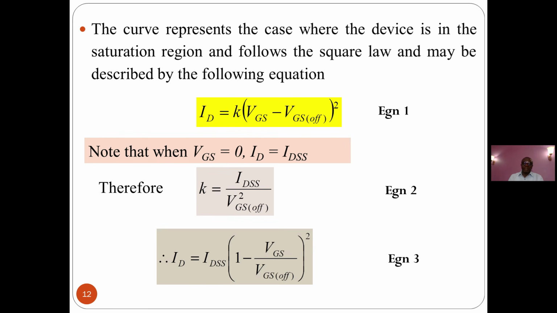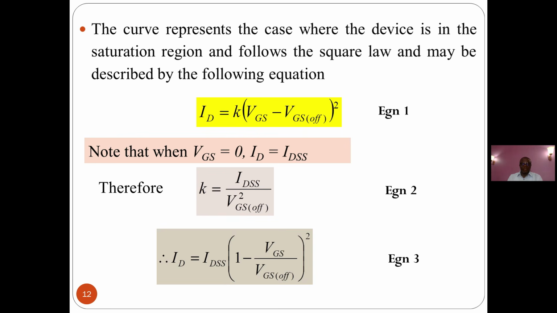Now, if we take that equation 2 back to equation 1 so that K can be eliminated, because K is unknown, then we have equation 3, which says that the drain current is equal to the drain current with gate shorted to source, IDSS, into 1 minus the gate source voltage over gate source voltage at cutoff, all squared, which we call equation 3.